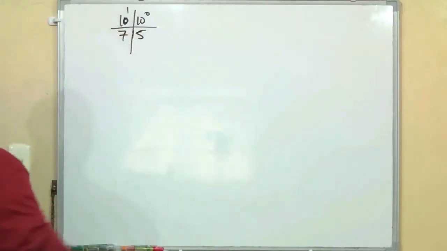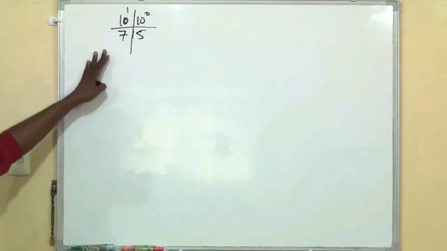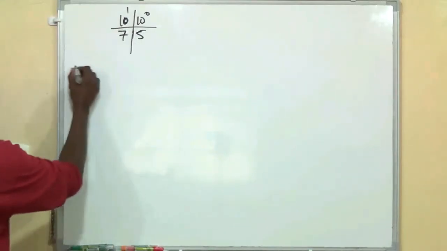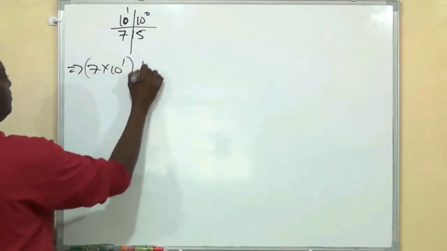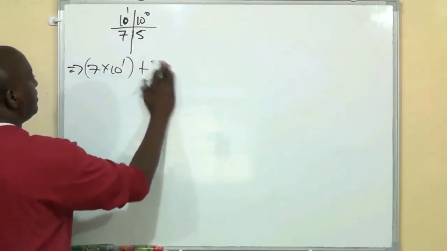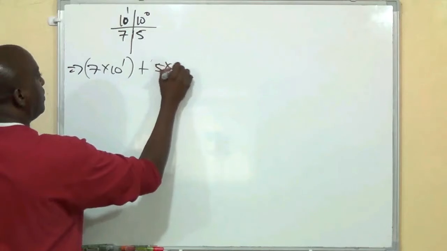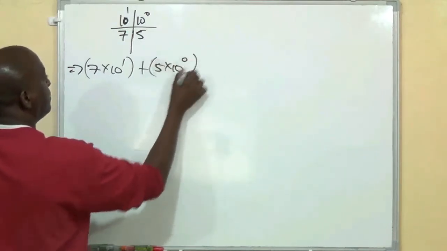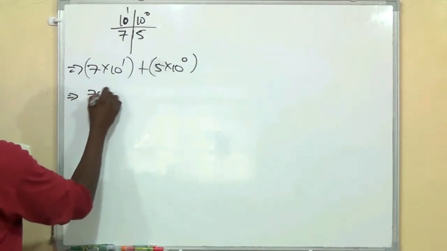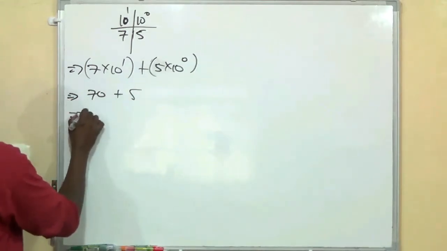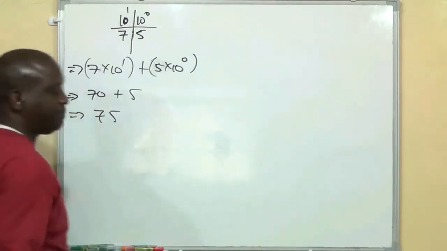So we have 7 tens. Alright, that is what 75 is, which is the same thing as 7 by 10 to the power of 1 plus, sorry, plus 5 by 10 to the power of 0. That is what 75 is, equal 70 plus 5, which is equal to 75.